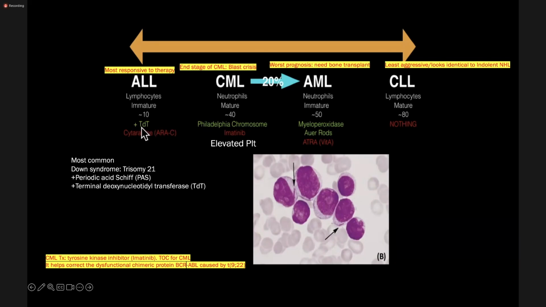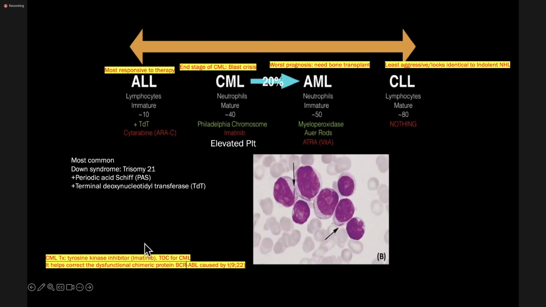And with this one, you have the positive TdT, okay? And how do you treat it? The main thing you have to remember is just do exactly what I told you. Start on the left side, go to the far right, CML in the middle, followed by AML, and you go from there. That'll kind of give you the age.